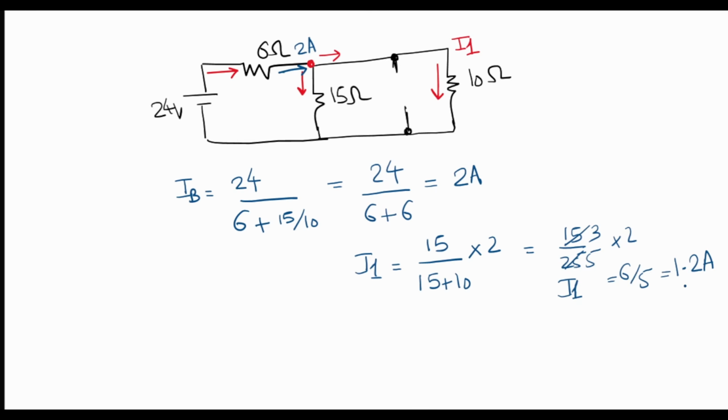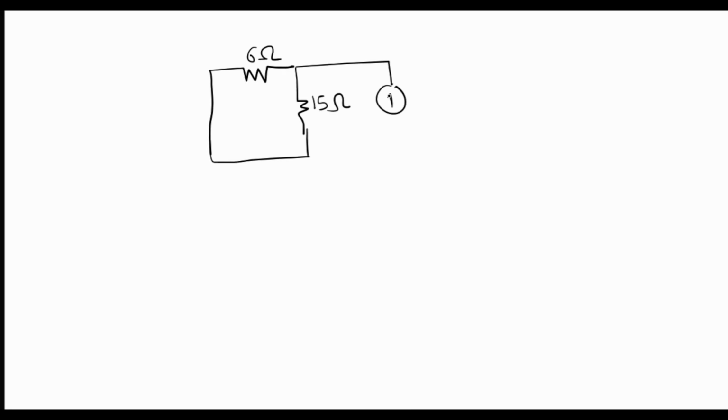So let's see what's the response when the 24 volt battery is shorted and only the 1 ampere current source is applied. So in this case, the circuit will look like this. This 24 volt battery is shorted, so 6 ohms, then a 15 ohms here, a 1 amp current source, and a 10 ohm resistor here.